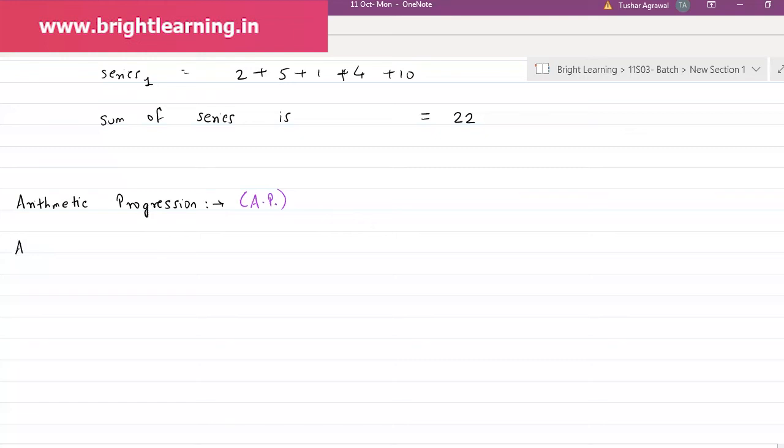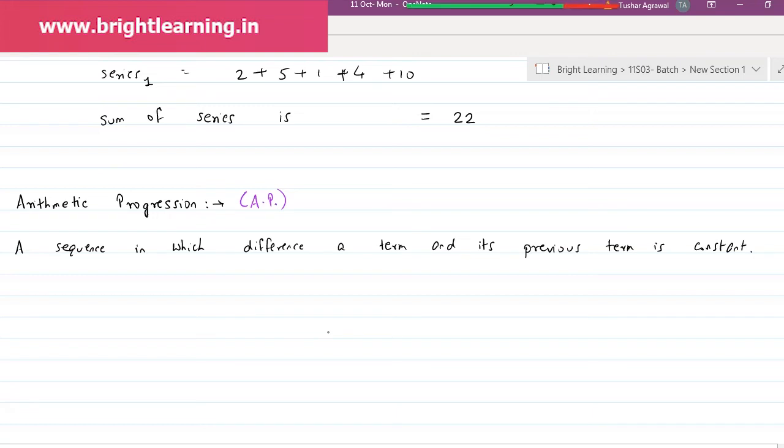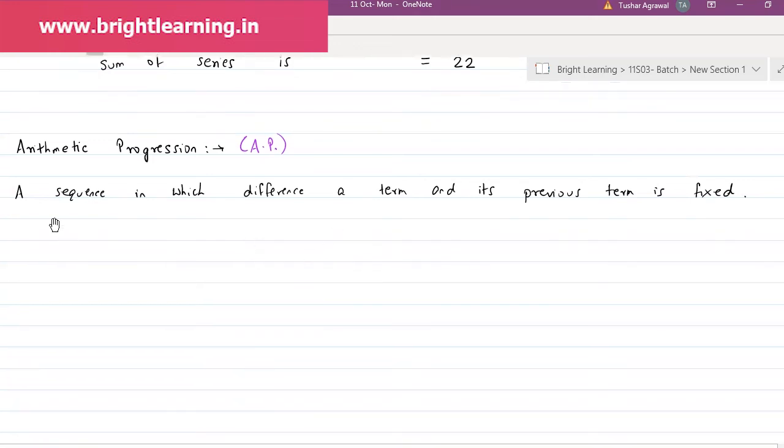So the definition, I will just write: a sequence in which the difference between a term and its previous term is constant. Instead of saying constant, let's write the word fixed. A sequence in which the difference between a term and its previous term is fixed.